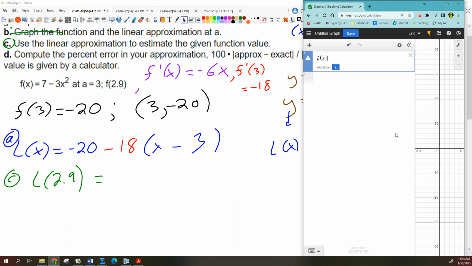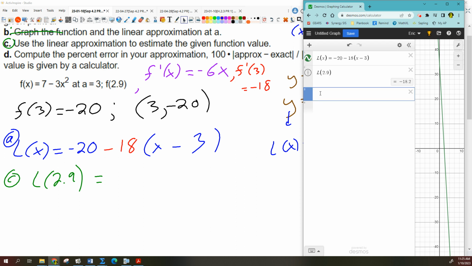In Desmos, it's easier just to define the function than to plug in numbers. Just define L of x. Don't even have to simplify. And then I can calculate L of 2.9. And that's what I get. Now, what if I want to calculate the actual value of the function at 2.9? Well, that's easy to do. f of x equals 7 minus 3x squared.